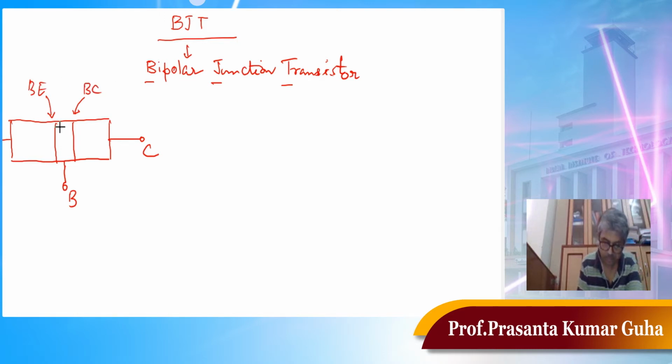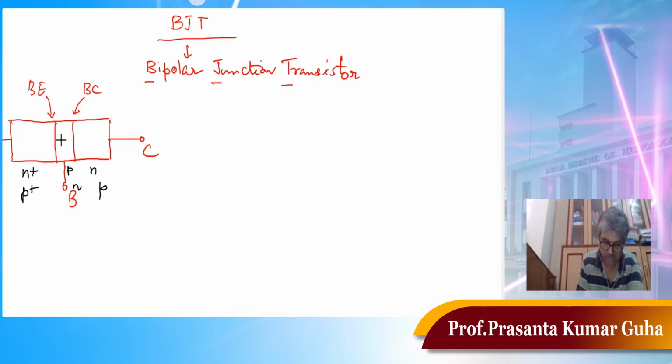Okay, so BJT can be made of NPN, or it can be made of PNP.